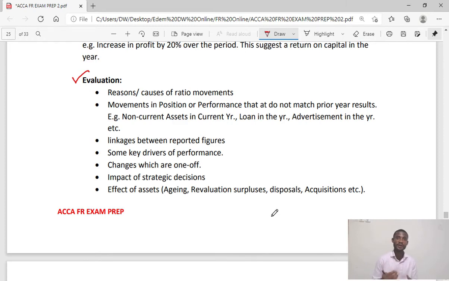So the return on capital employed for the current year will look good or will be higher than prior year because the denominator you are using to divide the operating profit is low compared to prior year. So it is because the assets are aging. So it is not automatically a good thing to have an increase in the return on capital employed. You have to look at the variables, what goes into it.